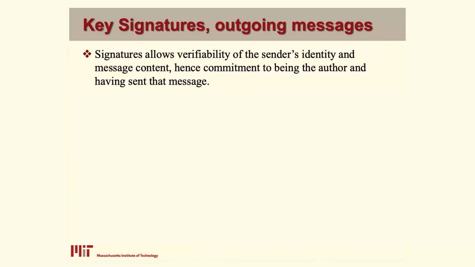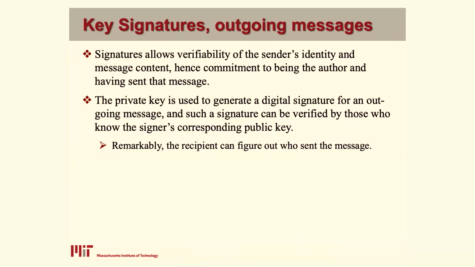She is Alice, and the message content came from Alice, so she's committed to being the author and having sent the message. So again, no reneging if this works. Her identity is known, and the fact that she sent this message will be known. Not necessarily, but anyway, this is the way a signature works.